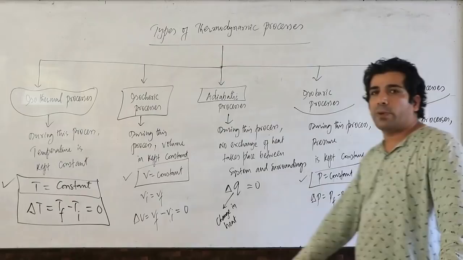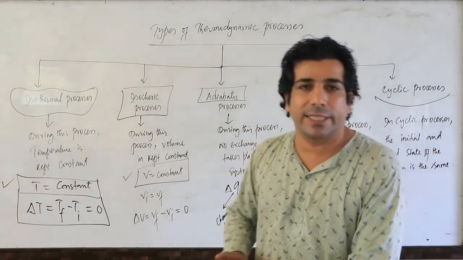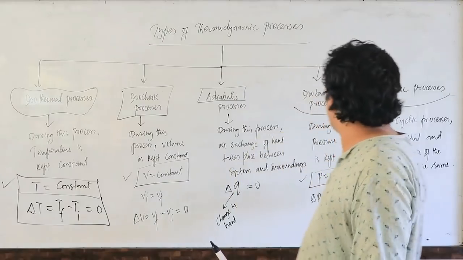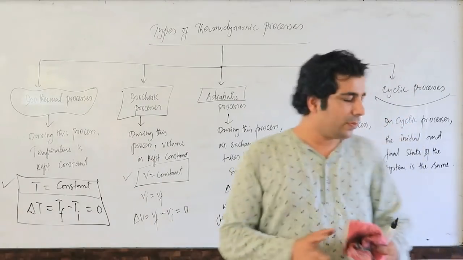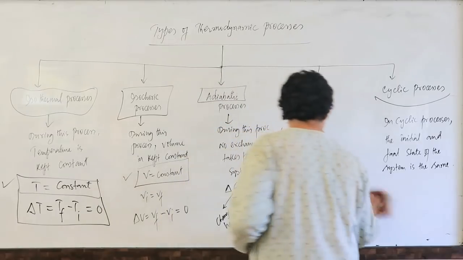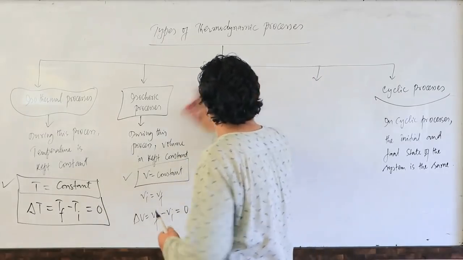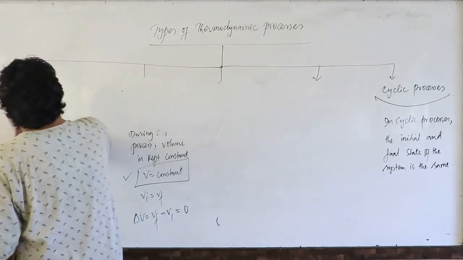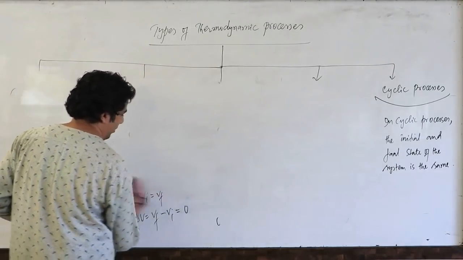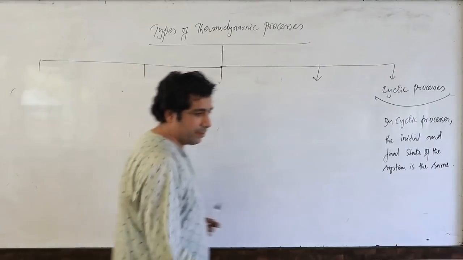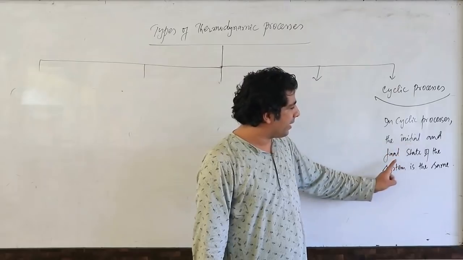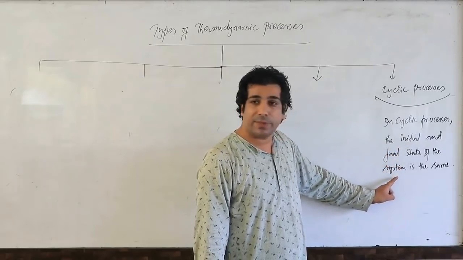How? Let us understand that cyclic process right here. Let us talk of cyclic process, my dear friends. I told you in cyclic process, the initial and the final state of the system is the same.